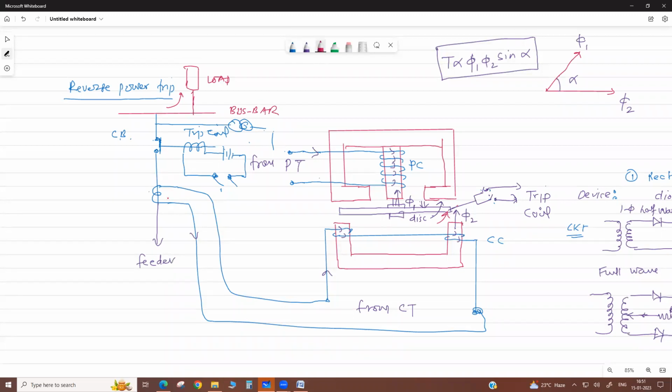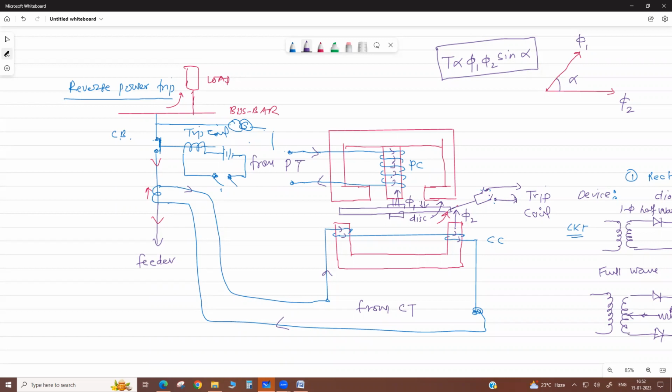Now current is always downward, then in the CT the reflection is on this side, opposite. Then the direction of current in the CT is this side. And the potential polarity is the same. Potential polarity does not change. It means the current in this pressure coil is always in the same direction.